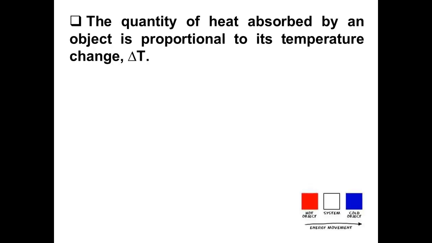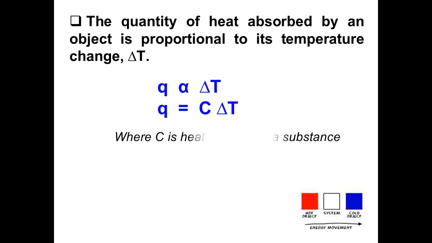The quantity of heat absorbed by an object is proportional to its temperature change. Using the symbol, Q is proportional to the change in temperature, or Q equals C times the change in temperature, where C is the heat capacity of a substance.